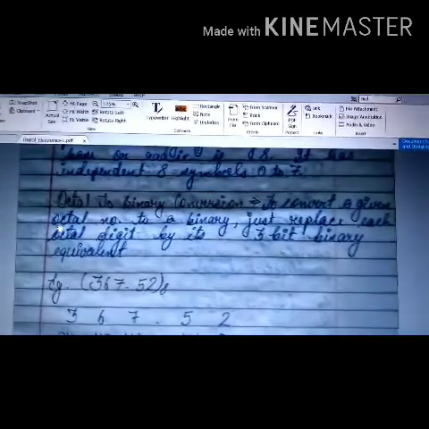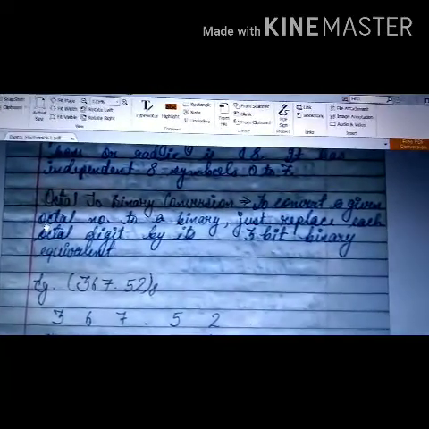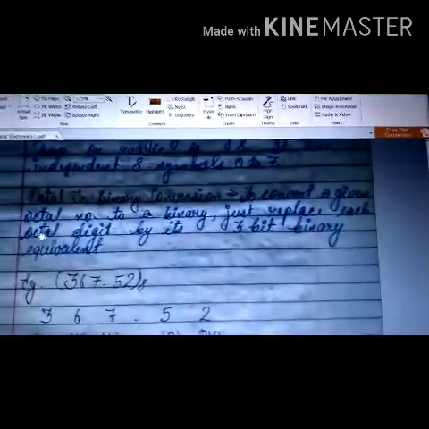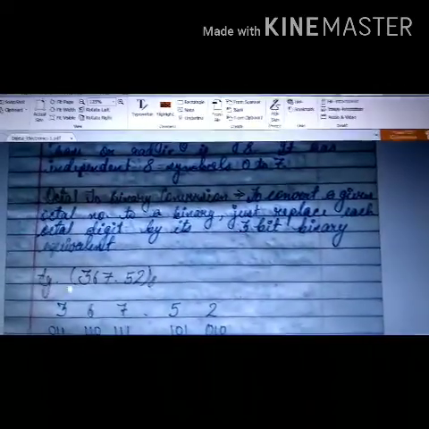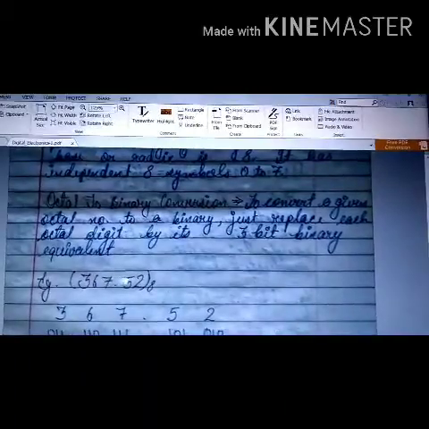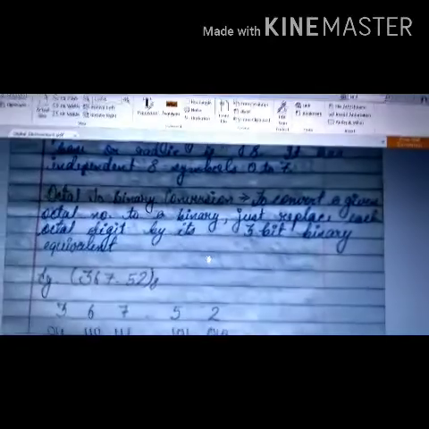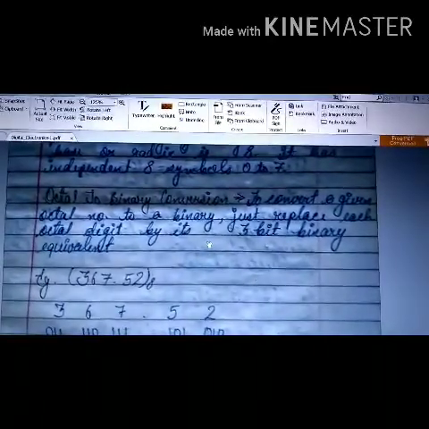However, if we want direct conversion between octal and binary, this shortcut method can be utilized, in which each digit of an octal number is replaced by its 3-bit binary equivalent. Let us see the example.